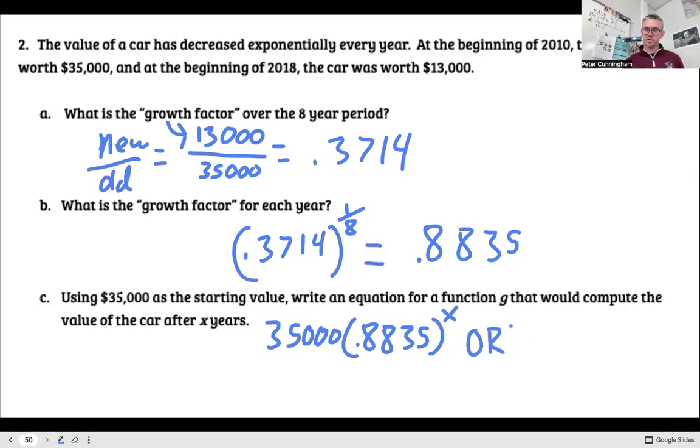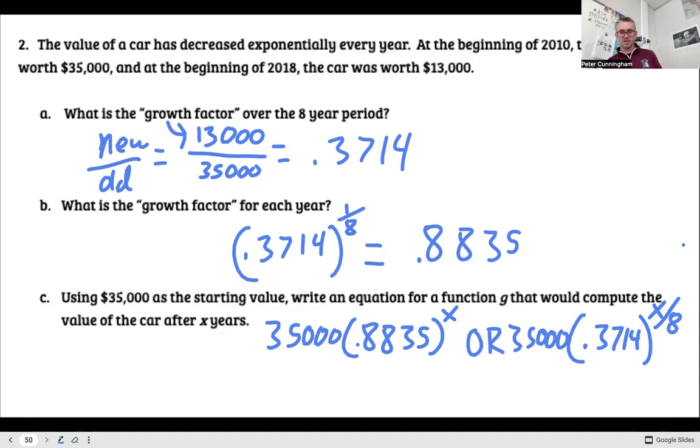But if you put the initial value that you computed, 0.3714, you go to the power of X. You just need to break that into 8 parts because that was over 8 years. Okay, instead of writing 0.3714, you can also just put this entire fraction, right?